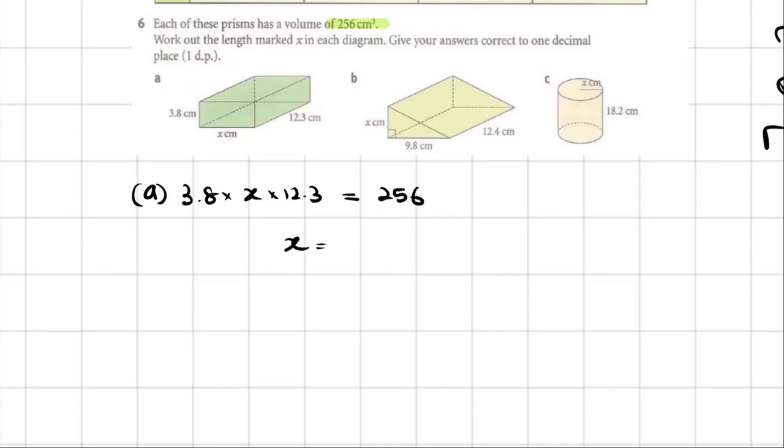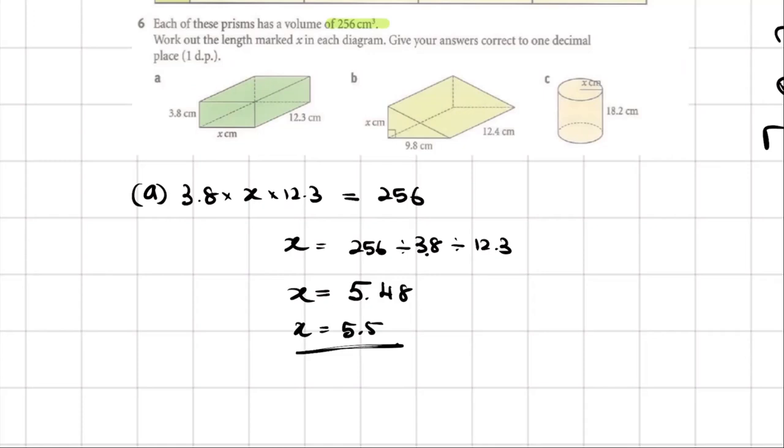So x is equal to 256 divided by 3.8 divided by 12.3. And that's my answer for x. This is the easiest one to do. 5.48, 1 decimal place, 5.5.